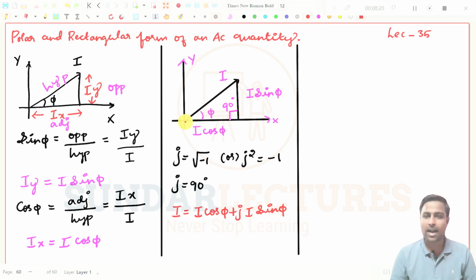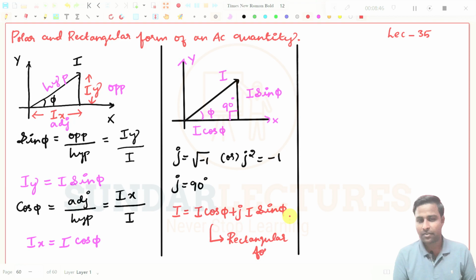So an alternating quantity with a magnitude of I can be written as I cos pi plus j I sin pi. Writing an alternating quantity like this, we call it rectangular form. Simple, right? It is easy to understand.